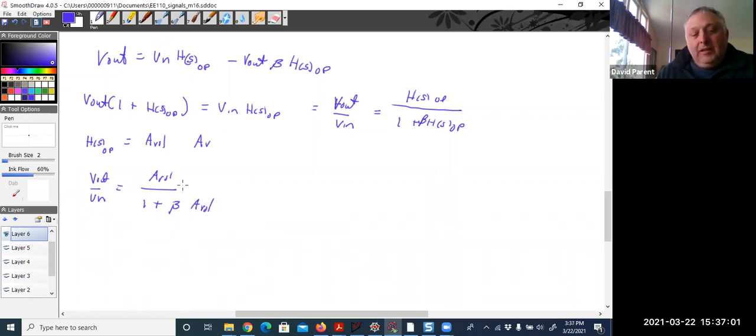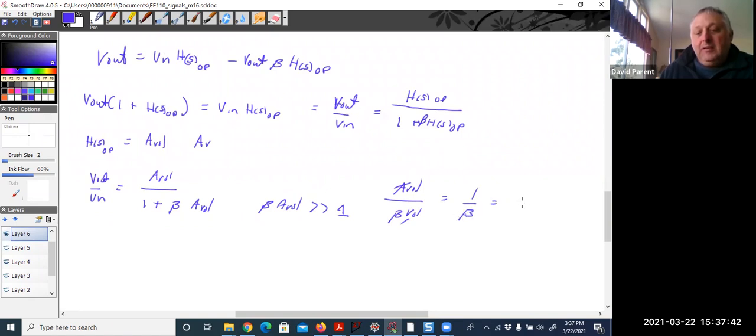Now you might have gotten to this point in your circuits class, but through a different way. And you would then say, let open loop gain go to infinity, right? And then you get 1 over beta, right? And then you get the equation. But really, what's going on is that we want beta times open loop gain to be much, much greater than 1 in this case, right? So if that's true, we get, right? And then the open loop gains cancel.